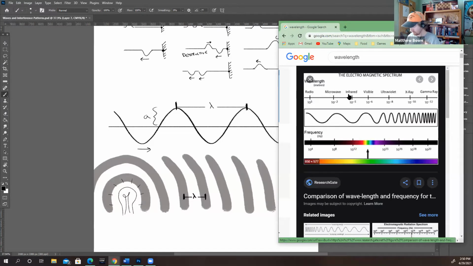If we stretch the wavelength out even farther, we get to microwaves. It's a type of wave, and those are what are actually used in your kitchen microwave to heat up your food. The waves are so long, so large, that they start to vibrate the water molecules in your food.